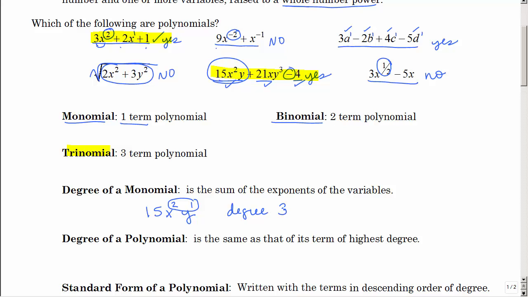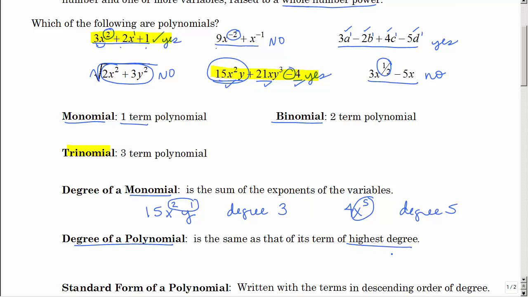We would add up the exponents of the variable. So if I just have 4x to the 5th power, this degree would be 5 because it's x to the 5th power. Now that's a monomial, but what if you have a polynomial, meaning you have a bunch of monomials added together? How do you know what is the degree? Well, you just take the highest degree.